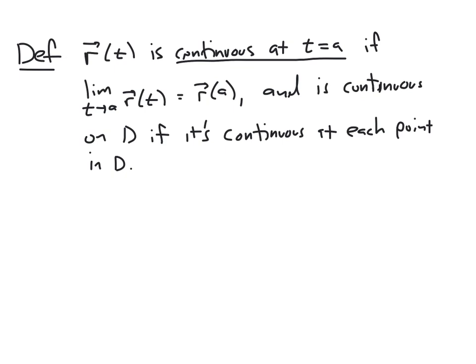Now, one thing to point out here, this defining feature of being continuous, that the limit equals the function value. Notice that this does actually say three things. This tells us that, first off, the limit as t approaches a of r of t exists.